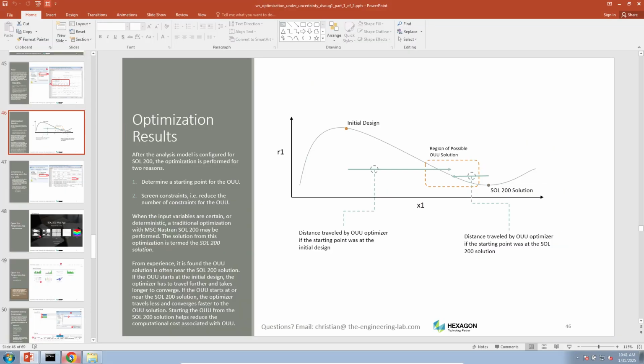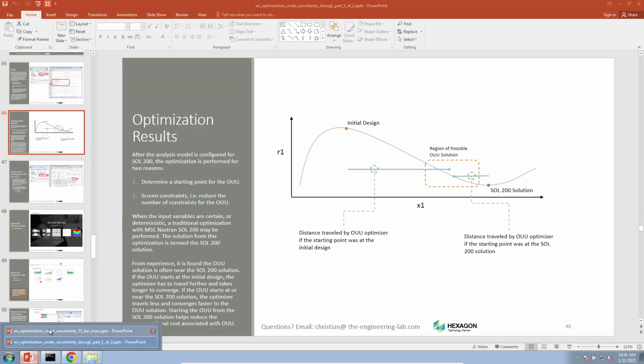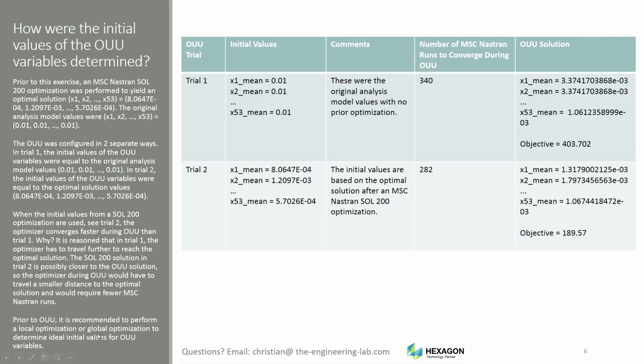Now, in this table, you see a summary of the differences. Suppose we start at the original values for the OUU variables, 0.01. We need over 340 Nastran runs. We need to travel along the design space. We have to run Nastran 340 times to get to the OUU solution.